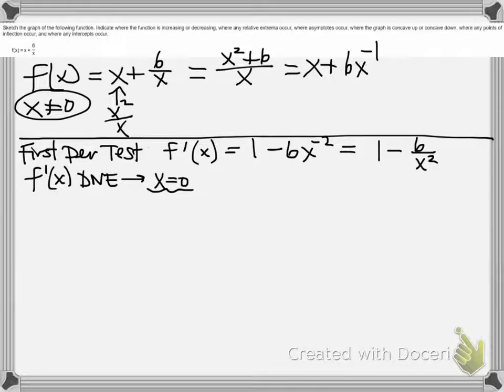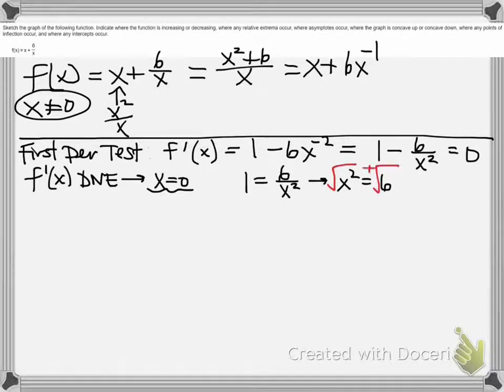And then we can also try setting f prime equal to 0. So if we set this puppy equal to 0, I could add 6 over x squared to both sides and get 1 equals 6 over x squared, multiply both sides by x squared to get x squared equals 6. And then I can take the square root of both sides, but I want to remember my square root property.